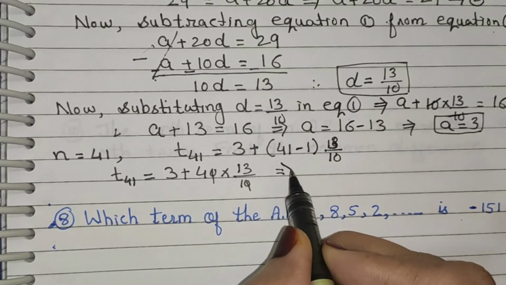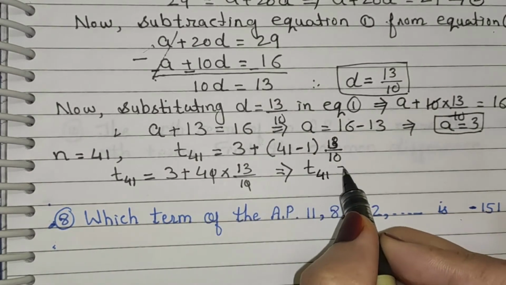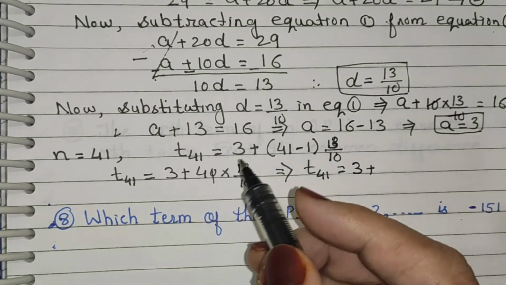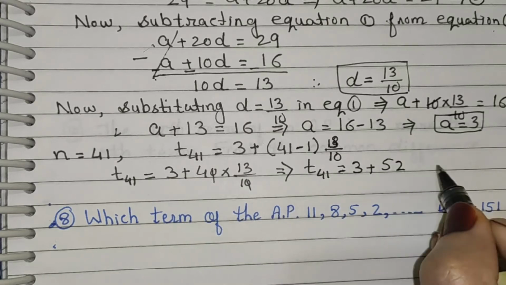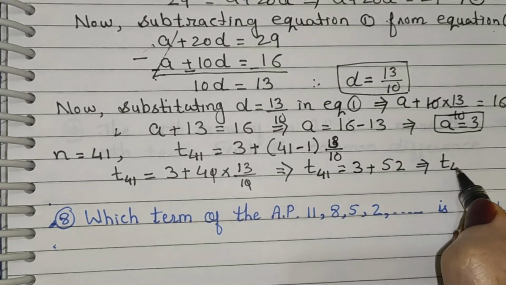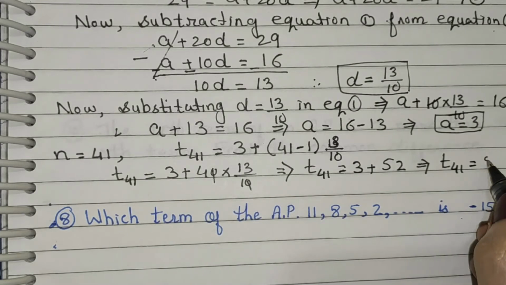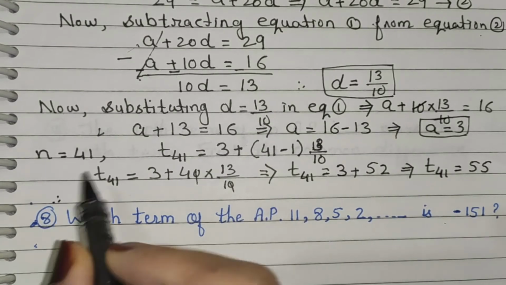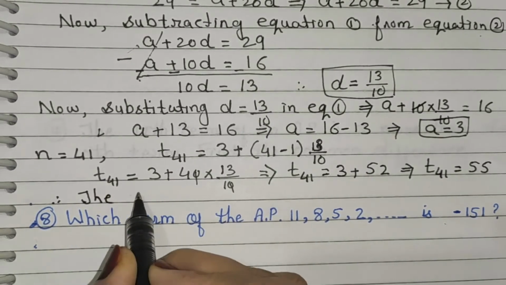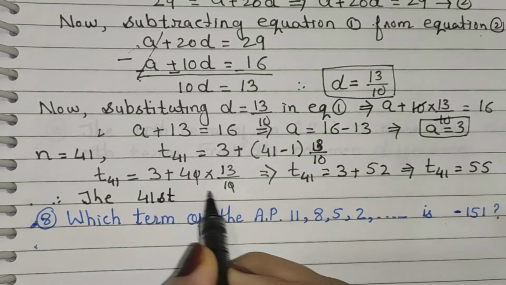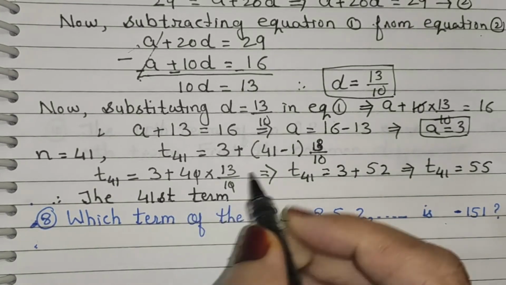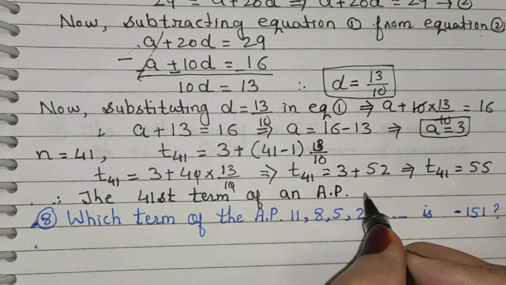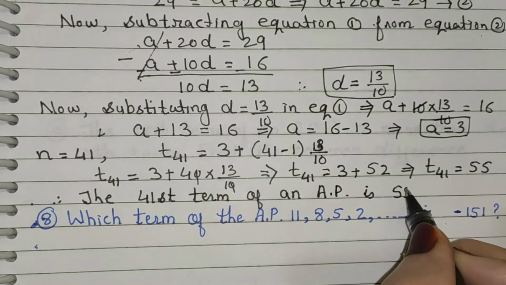We get here T41 is equal to 3 plus 13 fours are 52. Therefore T41 is equal to 55. Write down the answer here. The 41st term of the AP is 55.